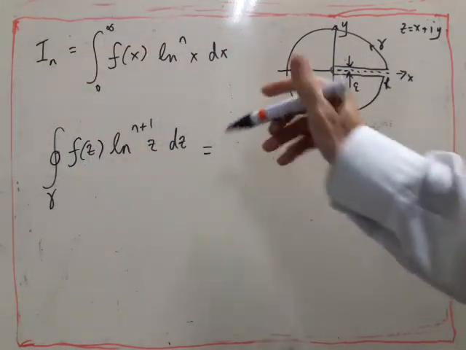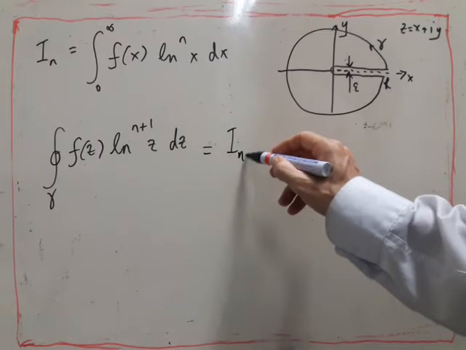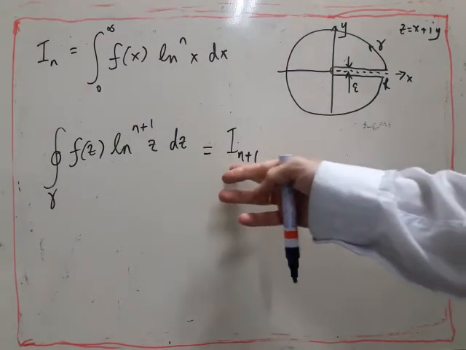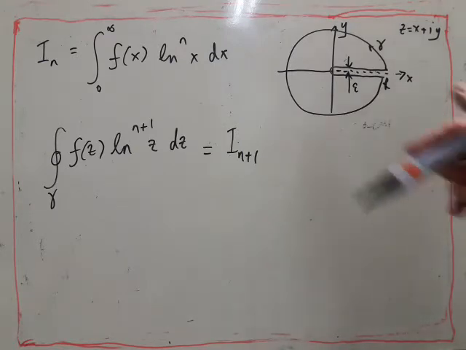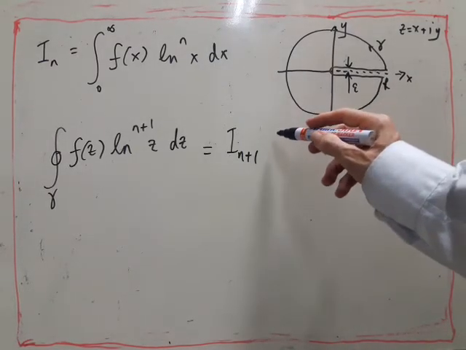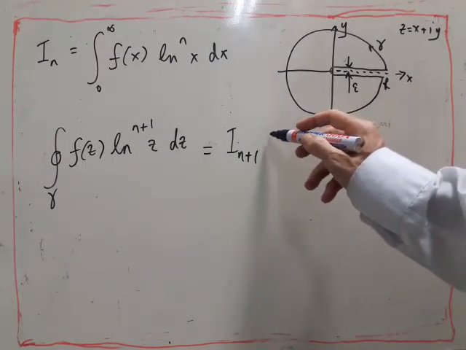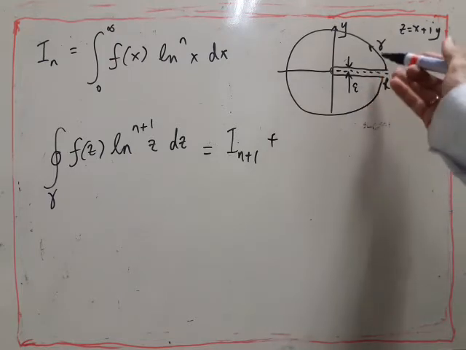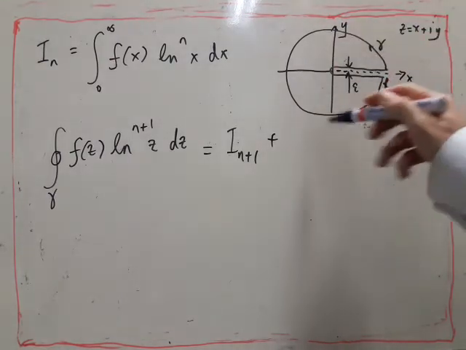We've of course got the integral in plus 1, which is not the integral we want. But what's going to happen is that this term here will cancel out with the later term. Then we need to evaluate the integral around this loop here.